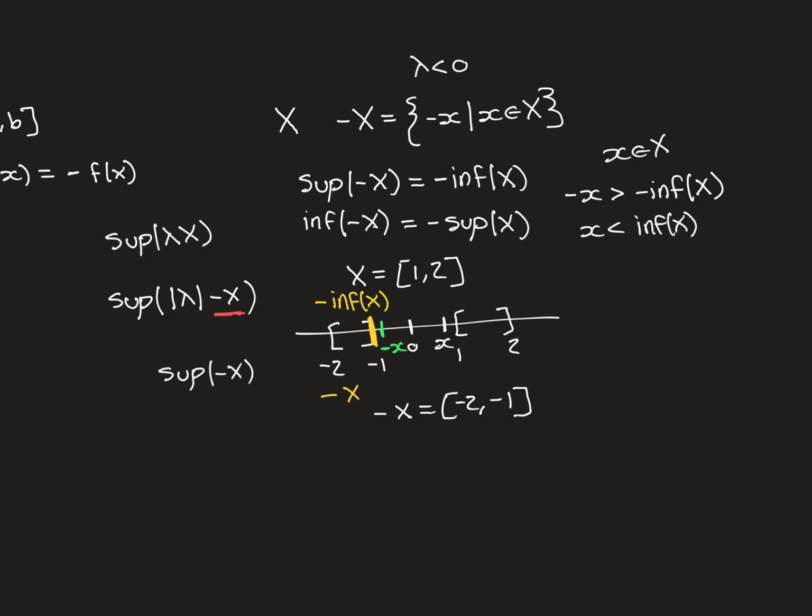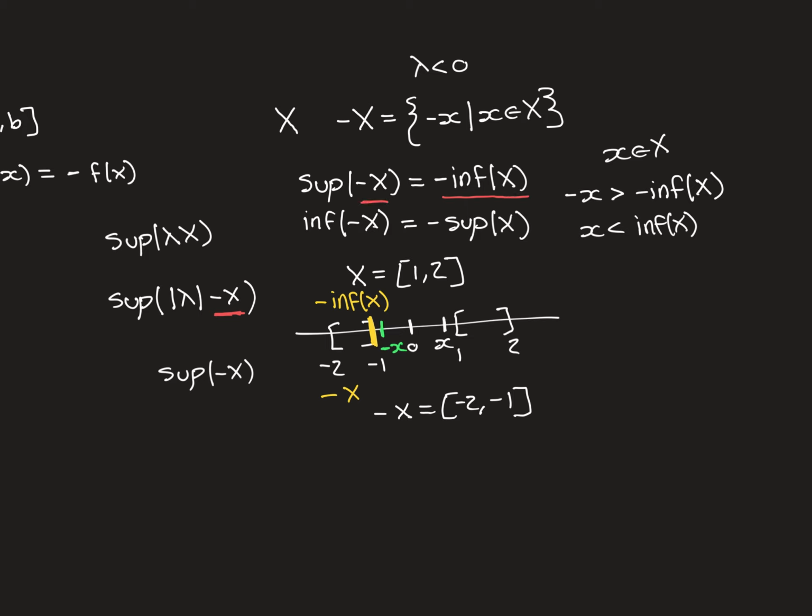So it has to be less than or equal to every element, and here we have that this is strictly less than this. So it contradicts that being the infimum. So you cannot have such an element in this set minus big X that is strictly bigger than minus the infimum of big X. So yes, this number is an upper bound for this set.